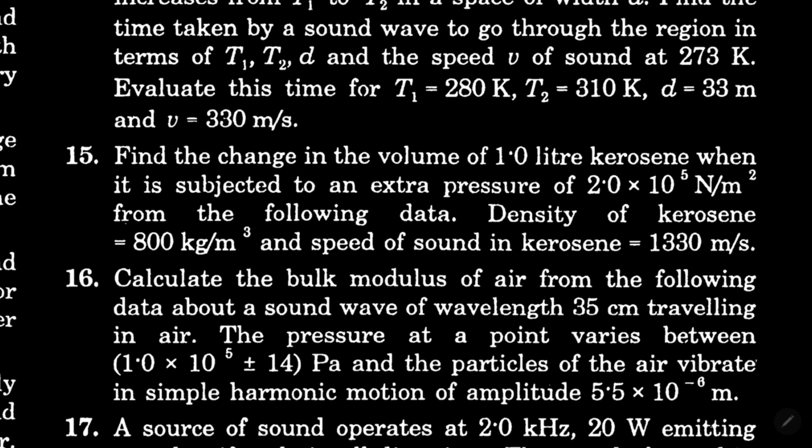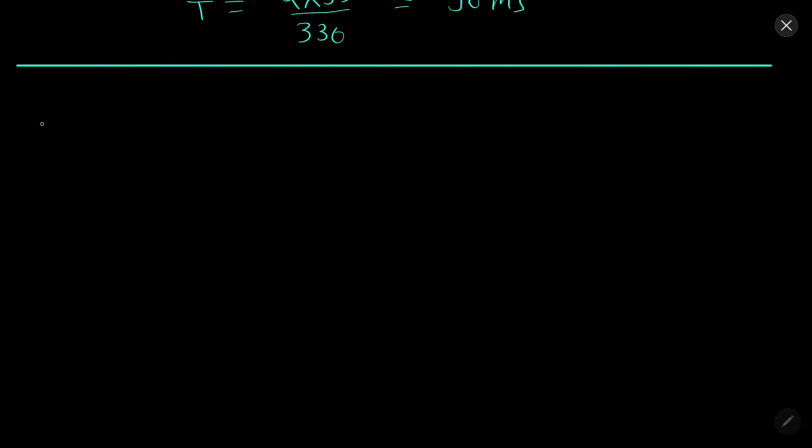In question 15, find the change in volume of 1 liter kerosene when it is subjected to extra pressure. Solution 15. So V will be root K over rho, where K is the bulk modulus of elasticity.